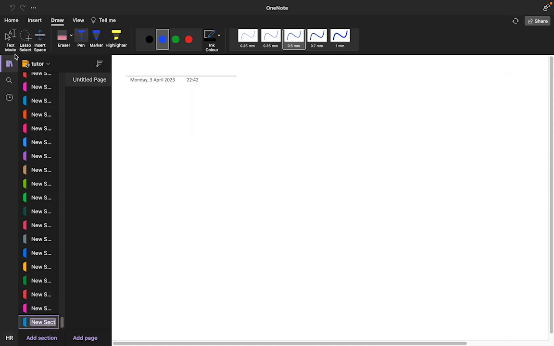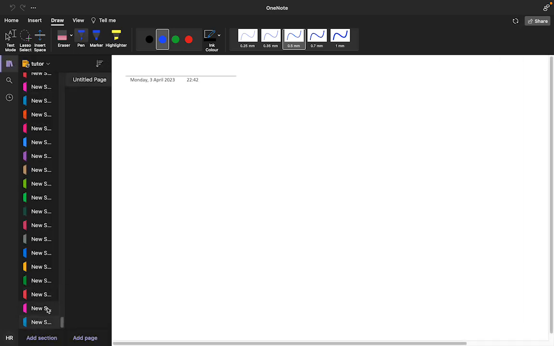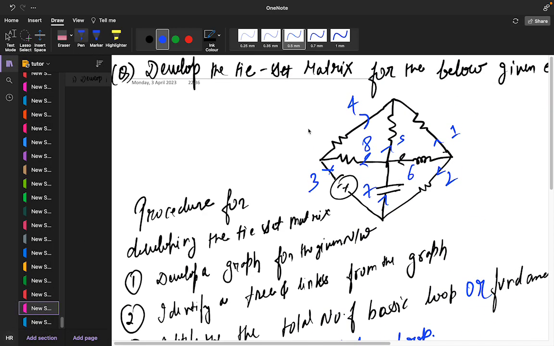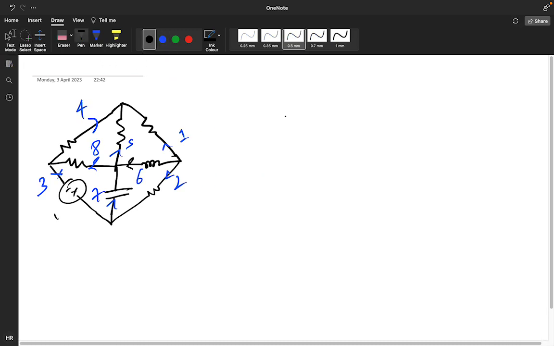For that question, let me take that circuit again. So this was my circuit. From this we need to first develop one graph.